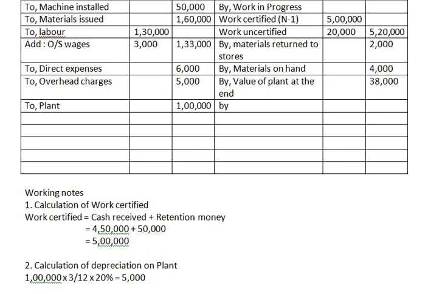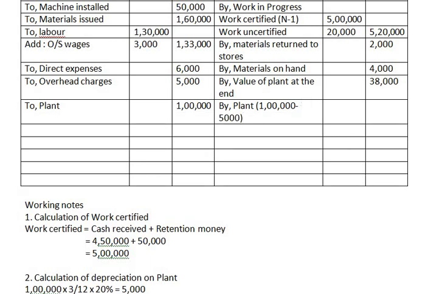By plant, in bracket, the value of plant is 1 lakh rupees, minus depreciation 5,000. Deduct this, so that will be 95,000. Okay, hope everybody is understanding.